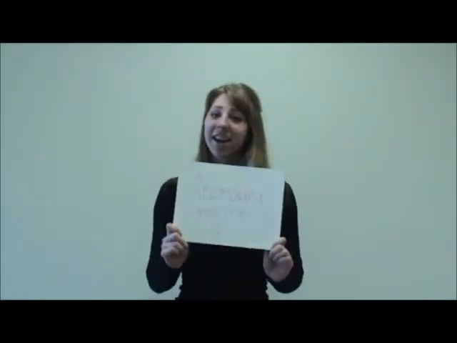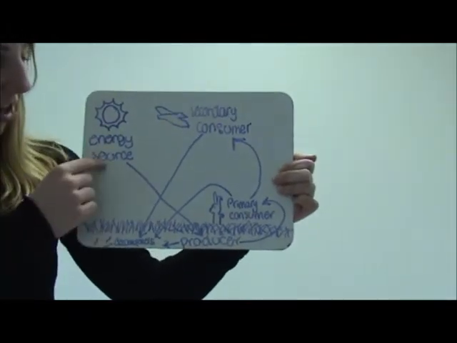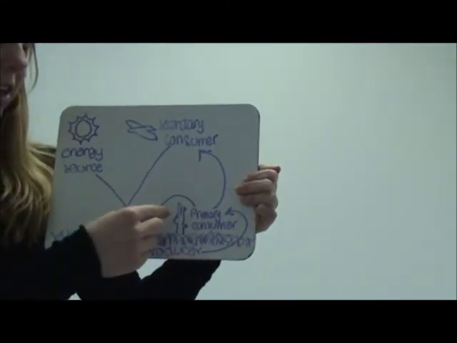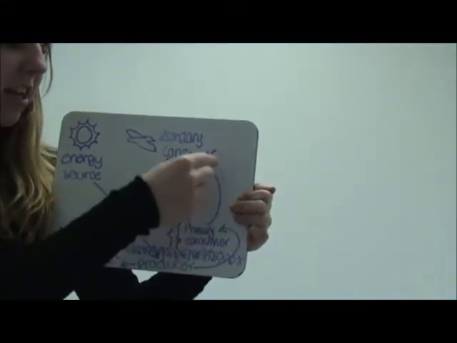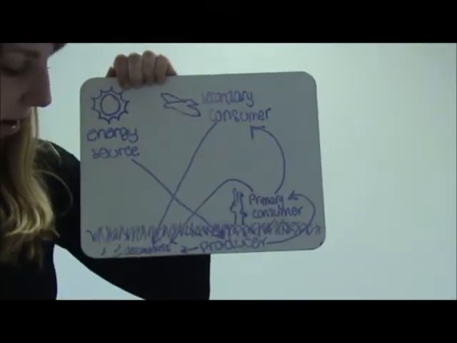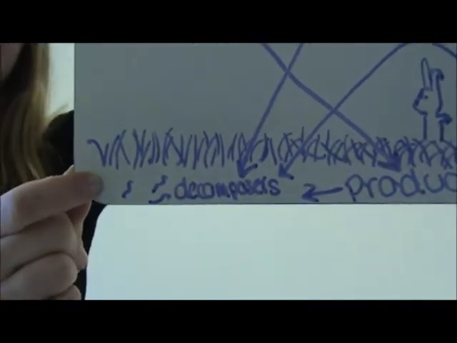So when secondary consumers eat the primary consumers, they only have 1% of the energy that was started with. To wrap things up, the energy source provides energy to the producers, which provide energy to the primary consumers, which provide more energy to the secondary consumers. Everything that consumes energy in this environment will eventually be decomposed by the decomposers.